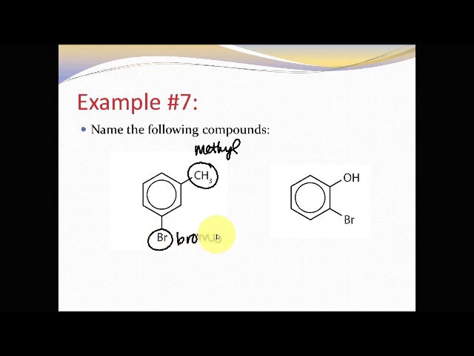All right, so we are going to name this. We have two different ways to name this, okay? We can use the bromo as the prefix to the word, just like up above in the common non-substituted benzenes. So we could have bromobenzene.